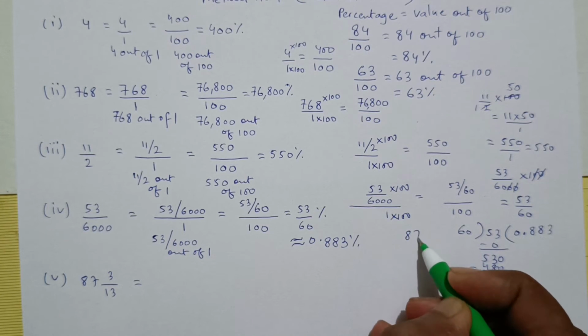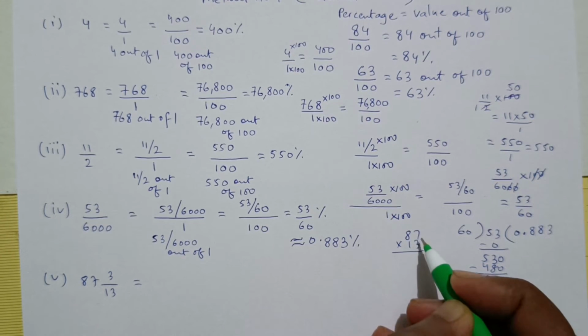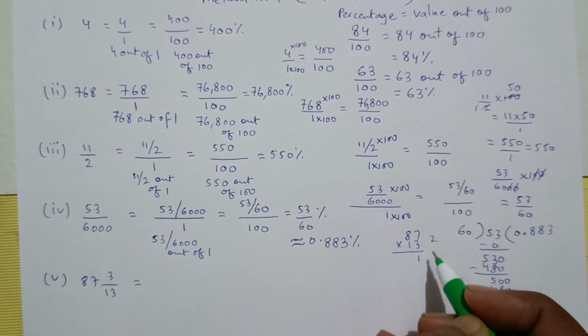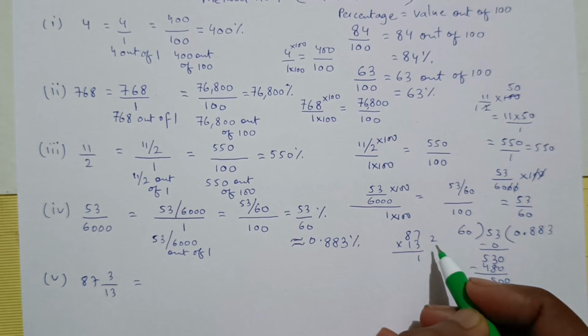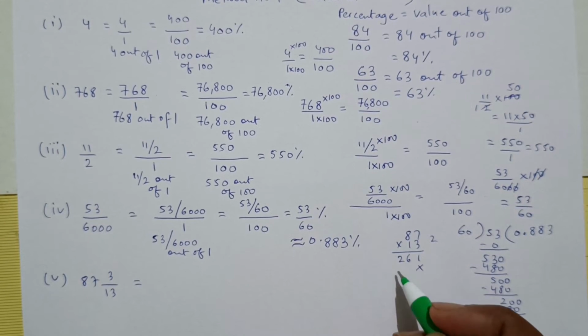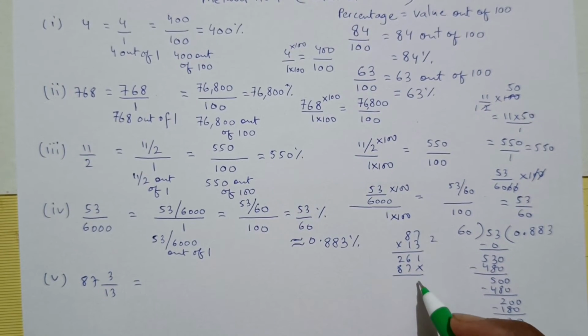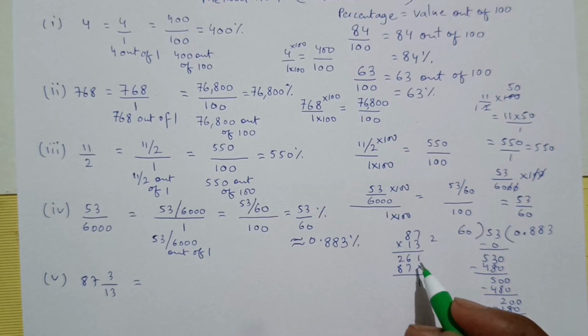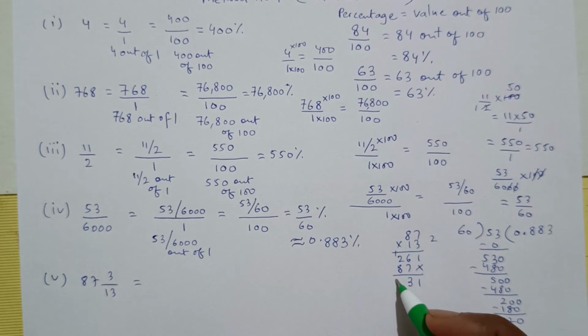So 87 into 13. 7 3s are 21, carry forward 2. 8 3s are 24. 24 plus 2 is 26. And 87 into 1 is 87. Now you add it. 1, 6 plus 7, 13, carry forward 1. 1 plus 2, 3. 3 plus 8, 11.